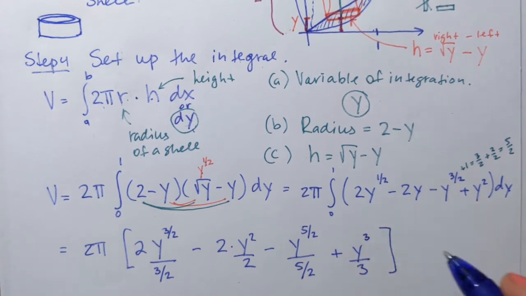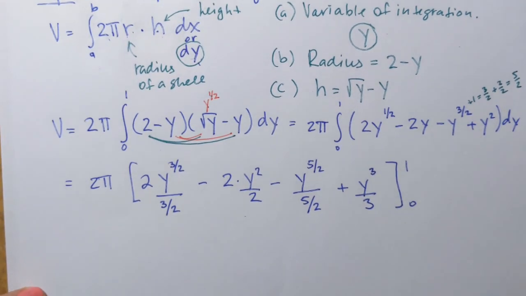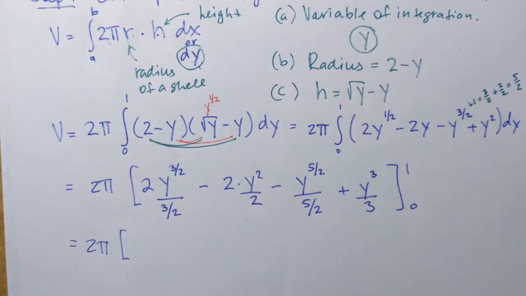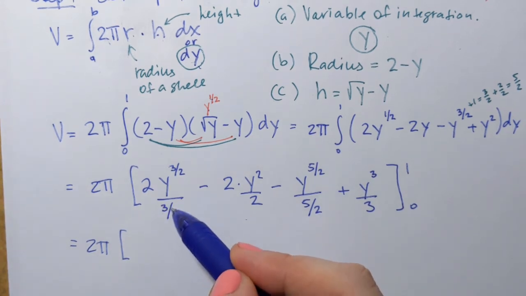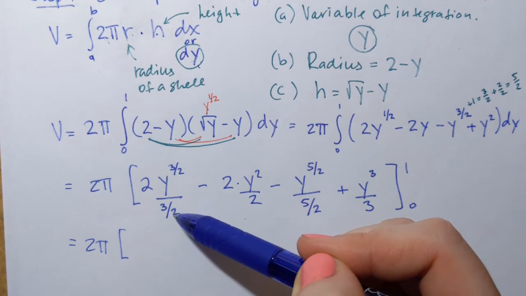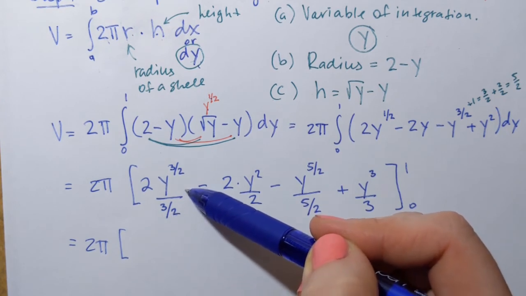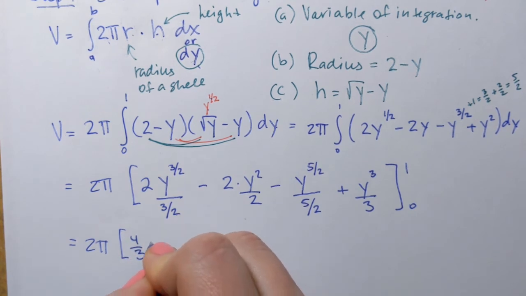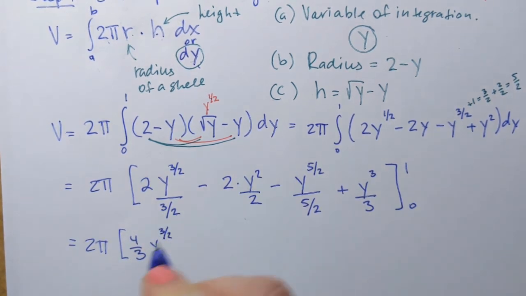Okay, and that has to be evaluated at 1 and 0. 2 pi times. Let's see. To divide by 3 over 2, that is the same as to multiply by 2/3. So 2/3 times 2 gives me 4/3, y to the power 3/2.